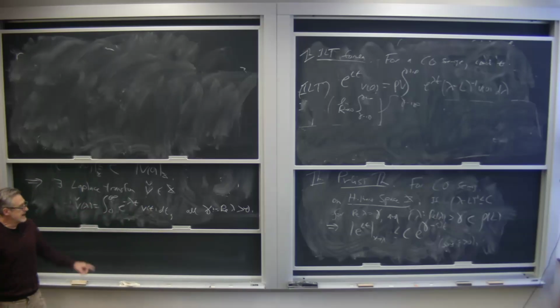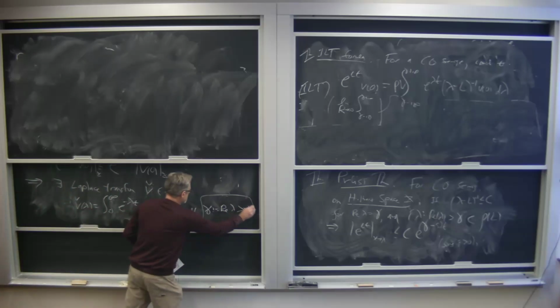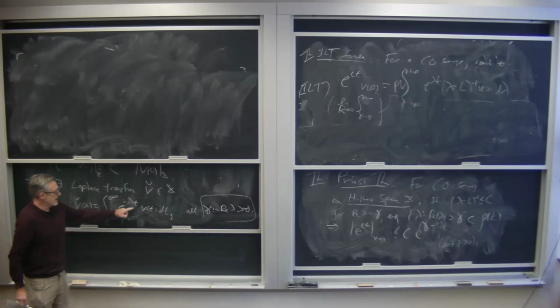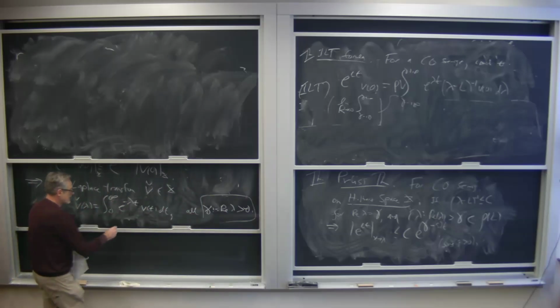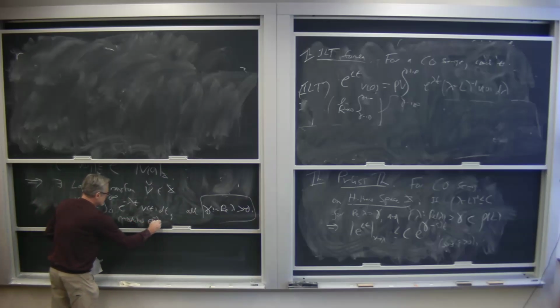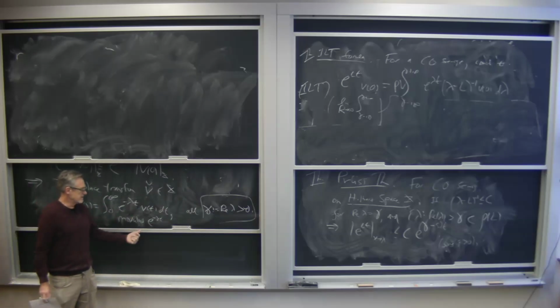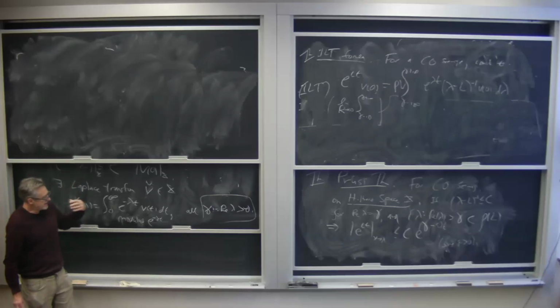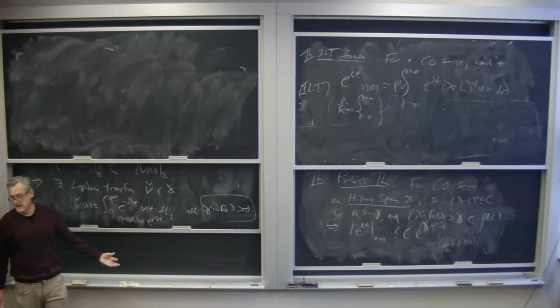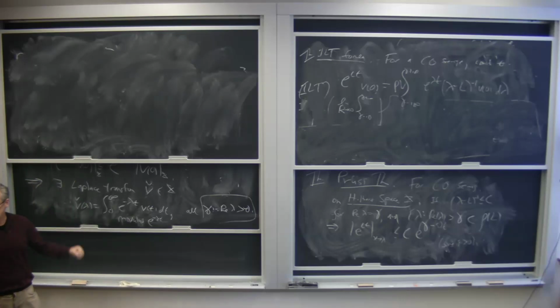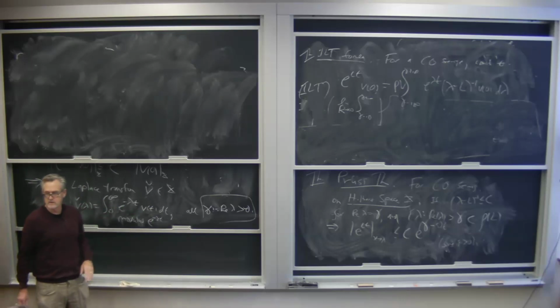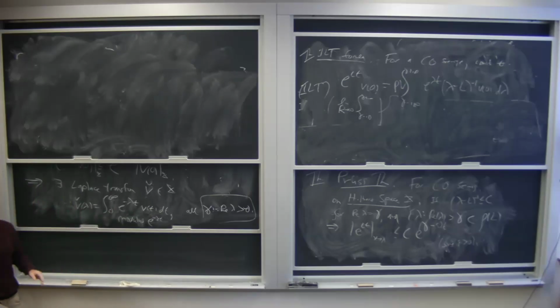The modulus of this term is e to the minus gamma t. So with a crude bound, this is bounded by e to the (theta minus gamma) t, and theta minus gamma is assumed negative. So this is an exponentially decaying integrand, and everything works.